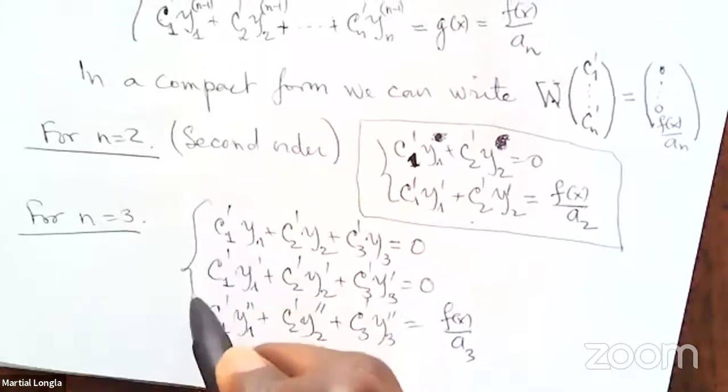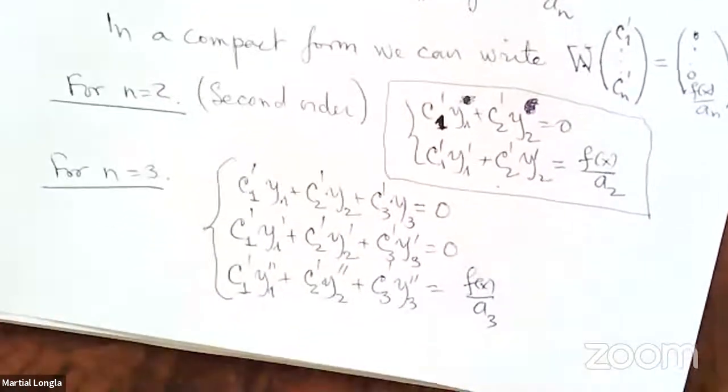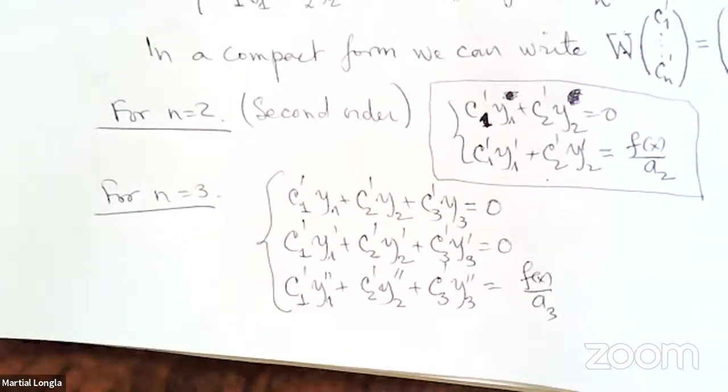And this is the system that you will get when n is equal to 3, when you're solving a third order equation with non-zero right-hand side f of x.